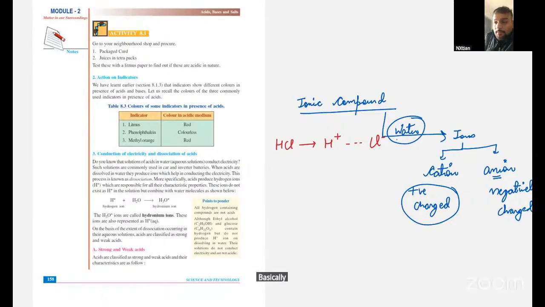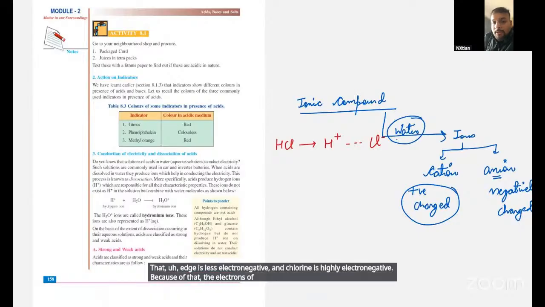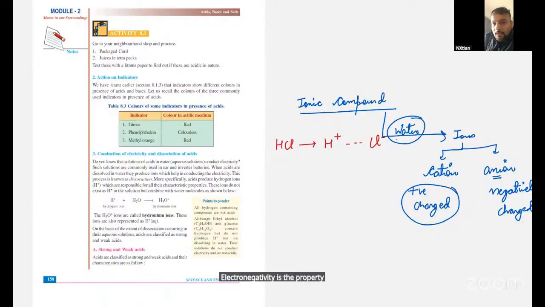Basically it's covalent, but in 11th class we will learn that H is less electronegative and chlorine is highly electronegative. Electronegativity is the property of elements to attract electrons. So the electron which H has is not more with H; chlorine attracts it towards itself, making positive and negative charge.